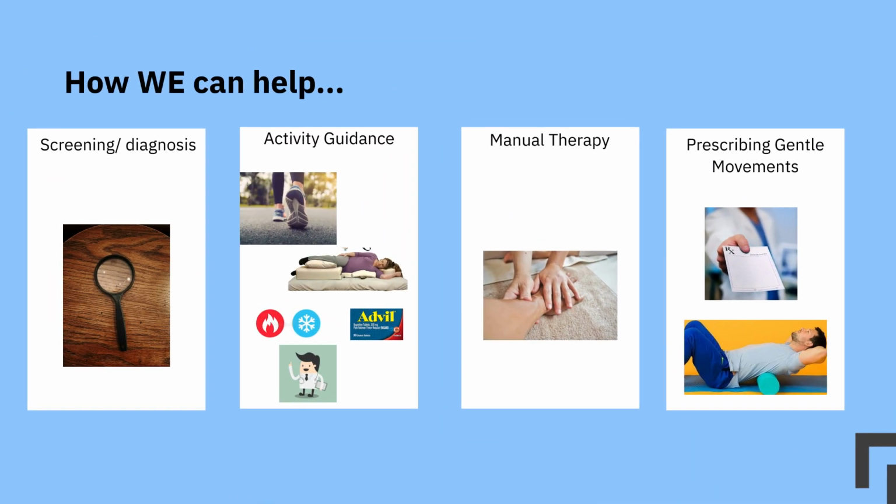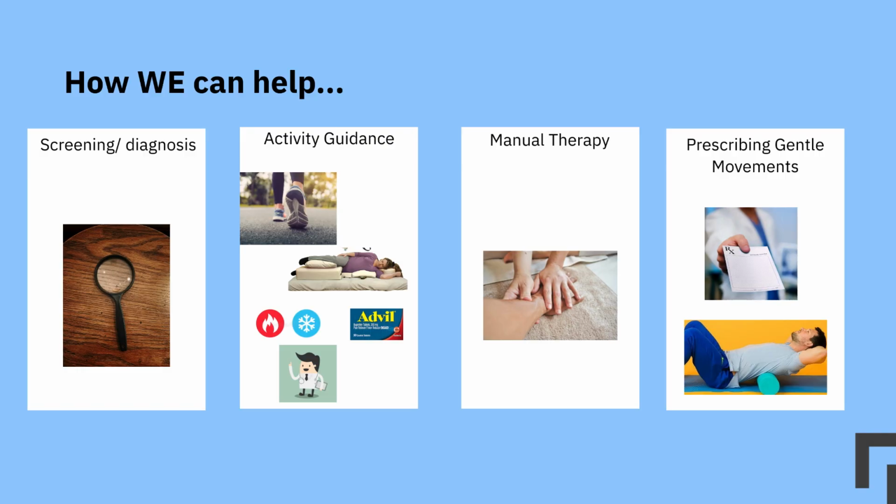So how can we help as physical therapists? First off, as always, screening and diagnosing the injury and helping you decipher what category might be driving what you're presenting with.